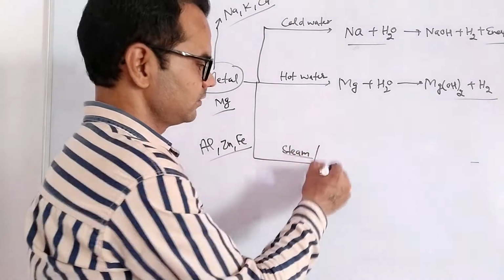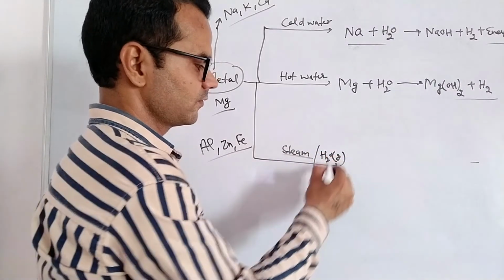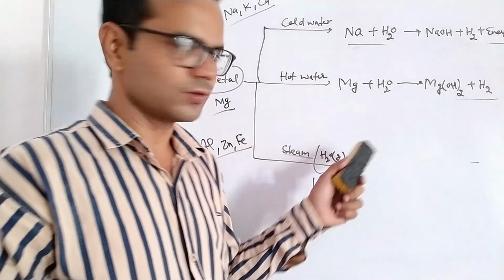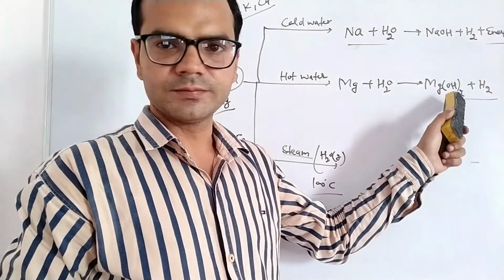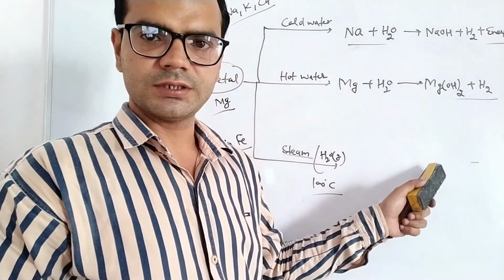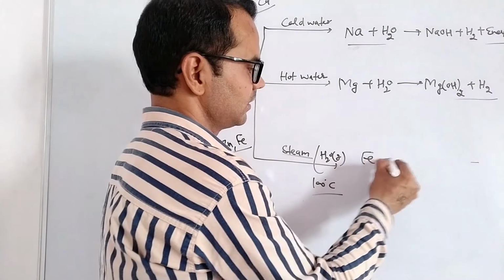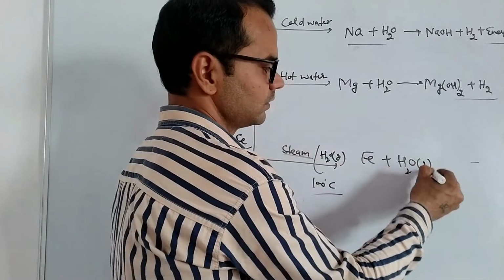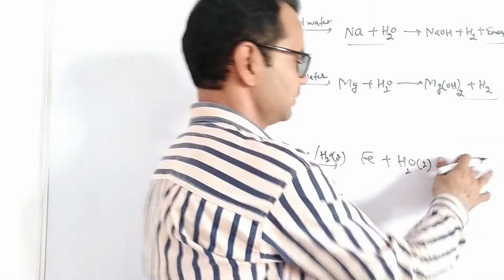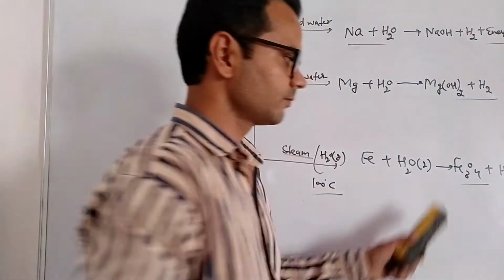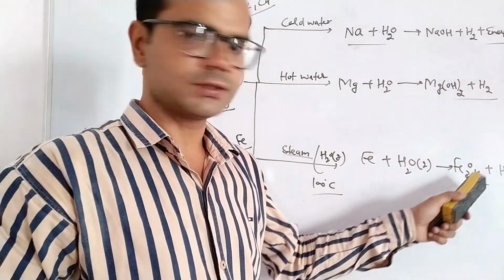Now steam is water in gaseous form, or we can say the temperature is 100 degrees Celsius. So the reaction is now slightly different. Instead of a hydroxide, we will obtain an oxide. For example, we have iron Fe plus H2O in gaseous form. It will give a metal oxide, iron oxide.